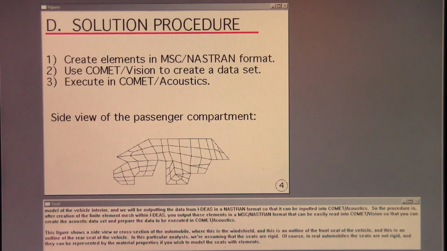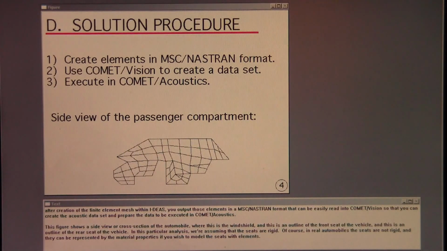So the procedure is, after creation of the finite element mesh within I-DEAS, you output those elements in an MSC Nastran format that can be easily read into COMET Vision so that you can create the acoustic data set and prepare the data to be executed in COMET Acoustics.